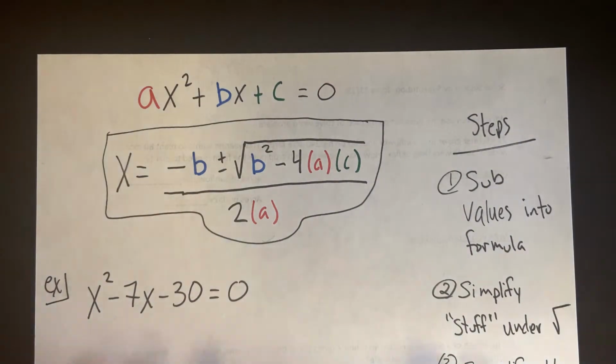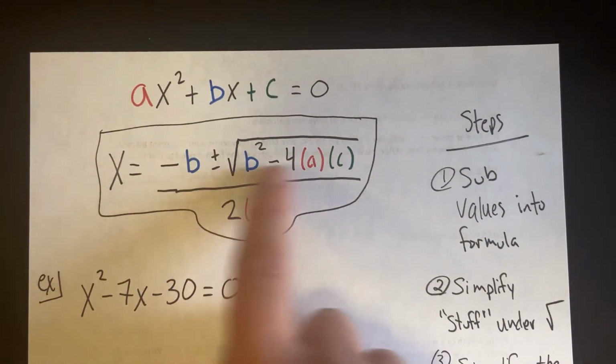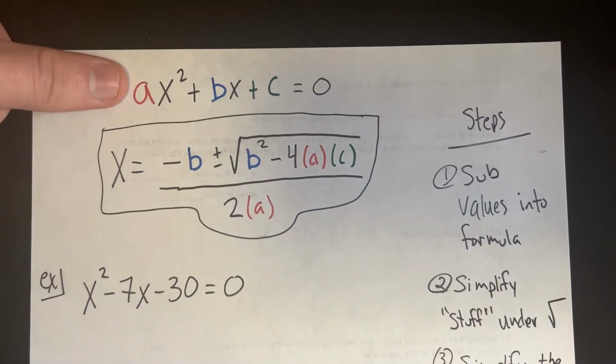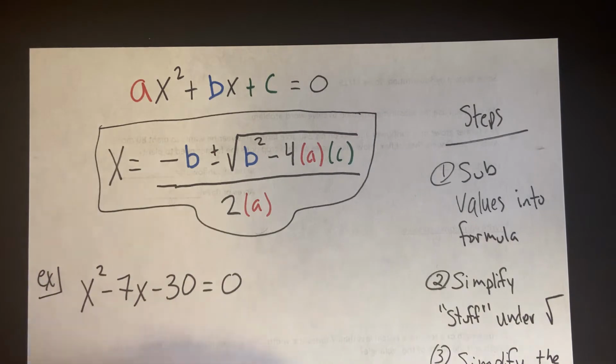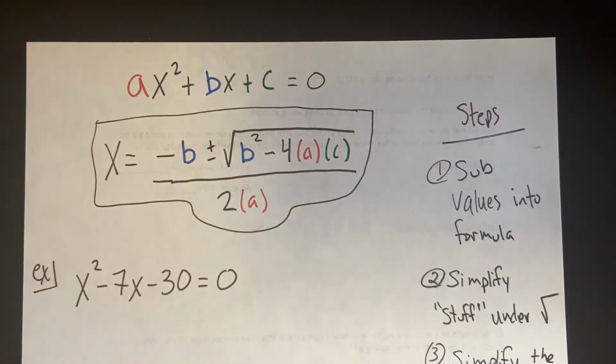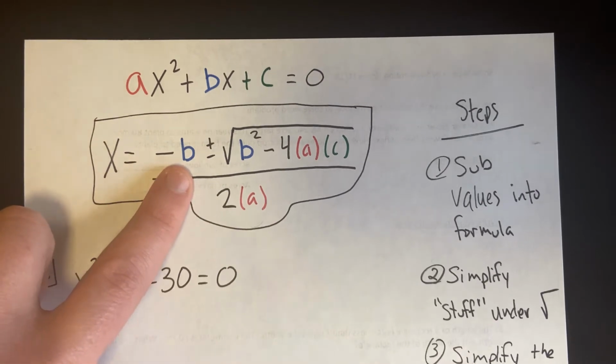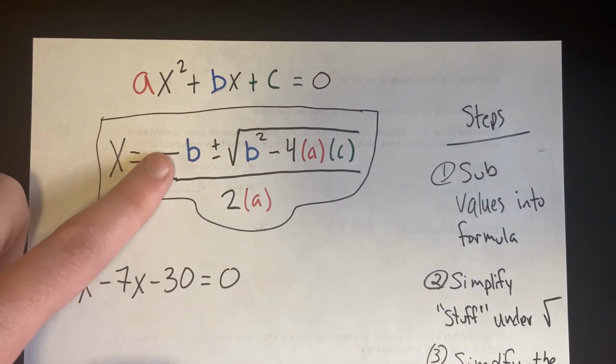You can see how I color coordinated a little bit. These A's, B's, and C's are directly related to where you find them in the standard equation. Pay attention to the colors. If you like the colors, you can use the same ones, but you just need to understand where the relationship comes from.